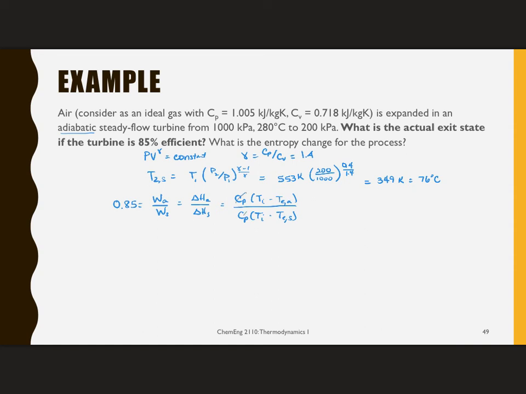C sub P is the same in each case. Ti is the same in each case. So 553 minus Te actual over 553 minus 349. And I get that the actual exit temperature is 379.8 Kelvin, 380 Kelvin, or 106.8 degrees C. So not quite as much of a temperature drop, but it did still drop temperature.